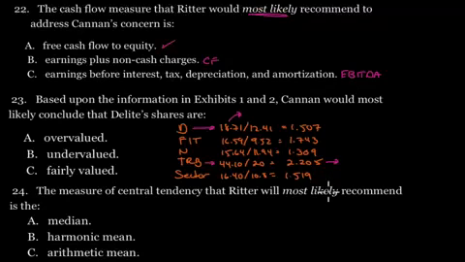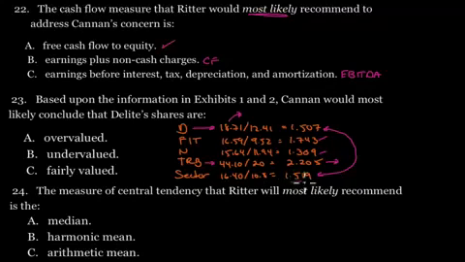The lower the PEG ratio, the more undervalued relative to the others. The higher the PEG ratio, the higher the valuation. So we got 1.507. The sector is 1.519. So we can see compared to the sector, it's just slightly under. We can call it the same. If you had to round this up, it would be 1.51. This would be 1.52. Fit is 1.74. This is 1.3, which is below. And then you have, of course, the 2.05.